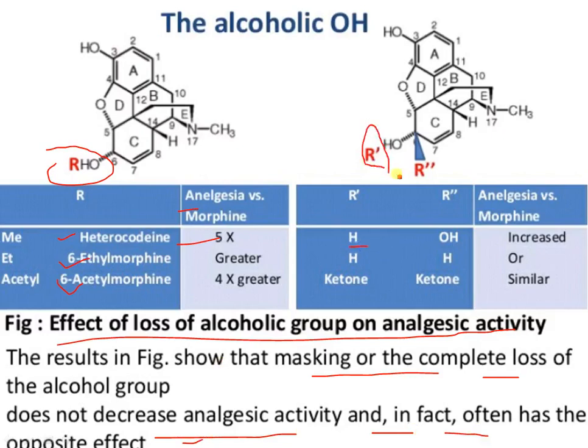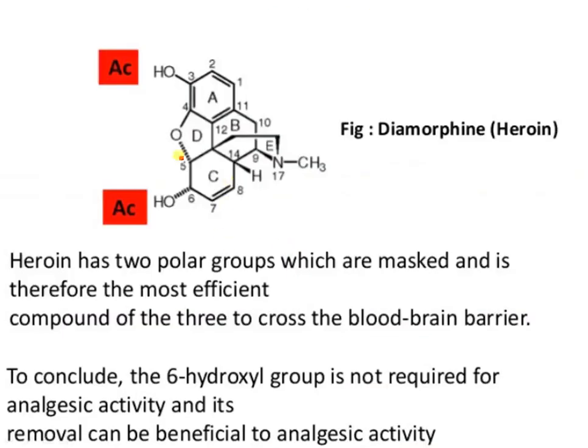Consider R1 and R2 at the 6th position. When R1 is hydrogen and R2 is hydroxy, it increases the analgesic activity. If both together form a ketone, the activity is similar to morphine. When both are acetyl groups, it is called heroin, OCOCH3. Heroin has two masked polar groups and is therefore the most efficient of the compounds at crossing the blood-brain barrier.